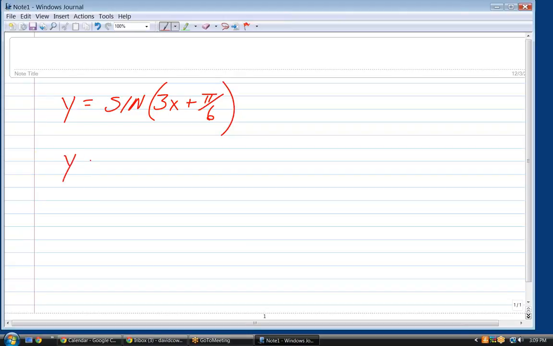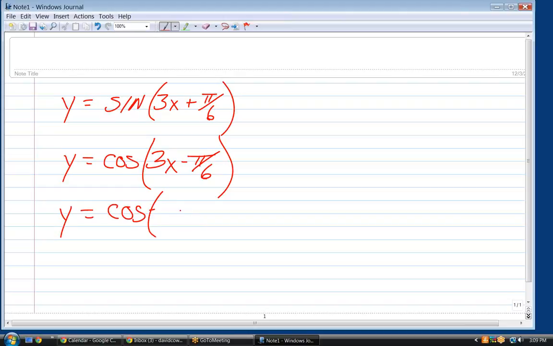And then the next one is y equals cosine quantity 3x minus pi over 6. And then the last one is y equals cosine 3x minus pi over 3.